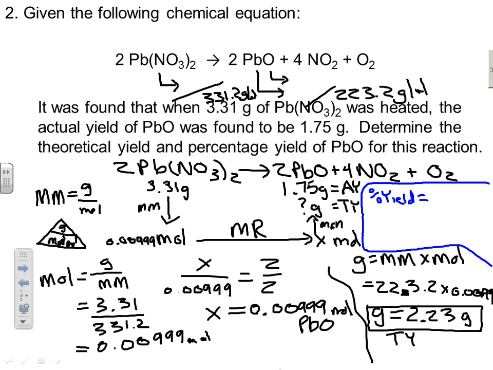I'm going to avoid the equation, but you should write it down. It's the actual yield divided by the theoretical yield. You can see I've set it up in the question that way. 1.75 divided by 2.23 times 100. And again, you're writing this below where you've got more room.